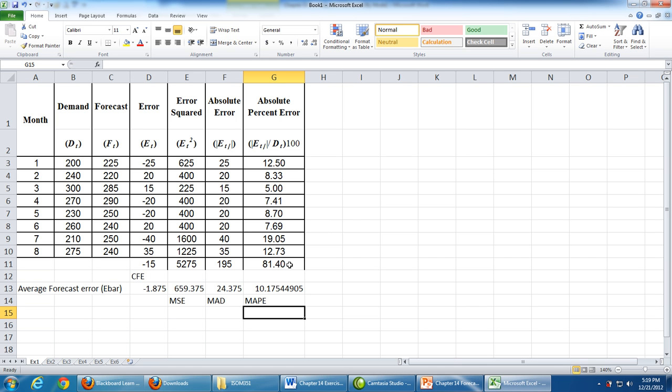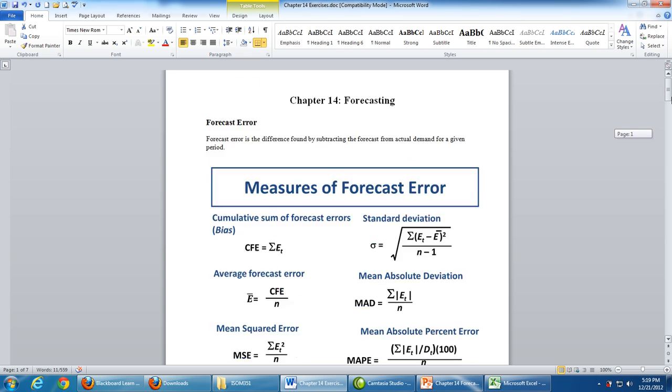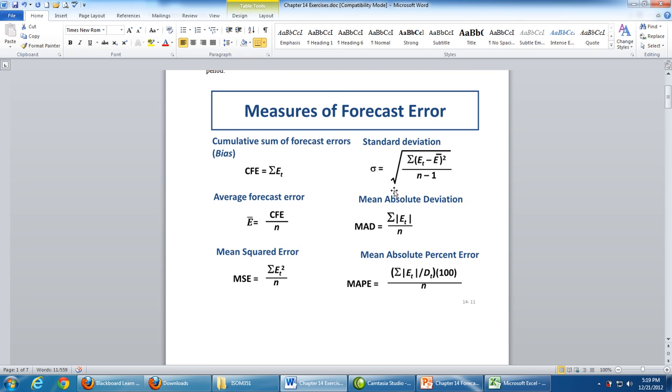Standard deviation equivalent to, okay, let's review the formula again. Standard deviation equals the square root of the sum of et minus e bar squared, divided by n minus 1.